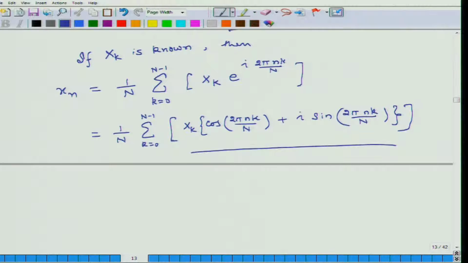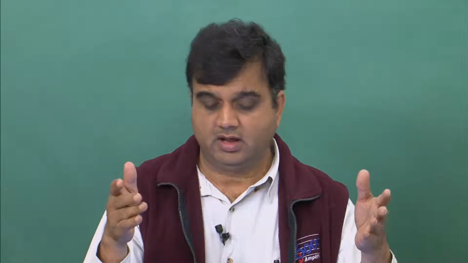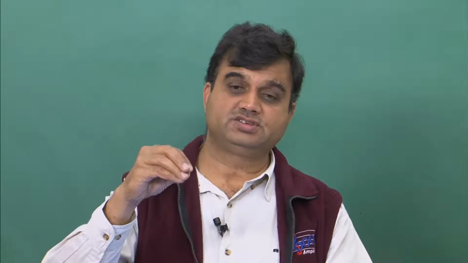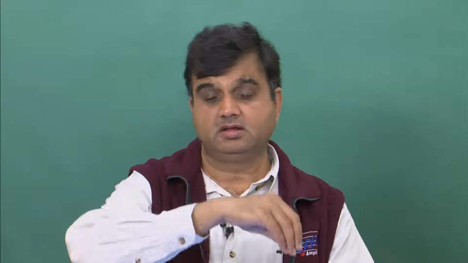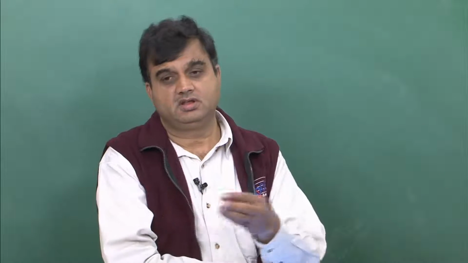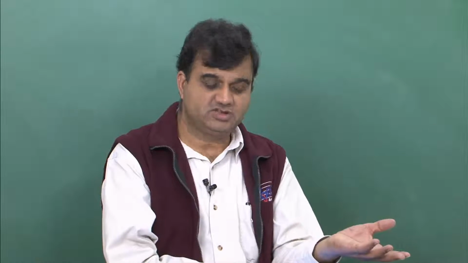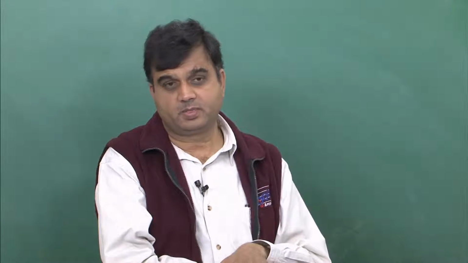What does it tell me? That if X_k is known, if I know all the frequency components, then using those frequency components, I can get back my time series data. And if I have time series data, using DFT, I can get frequency data.